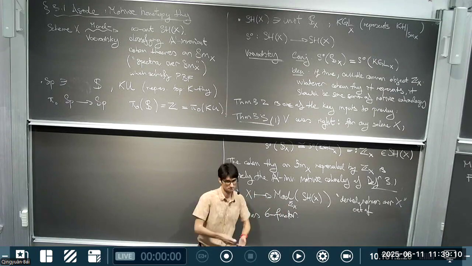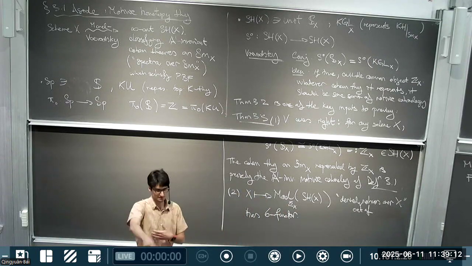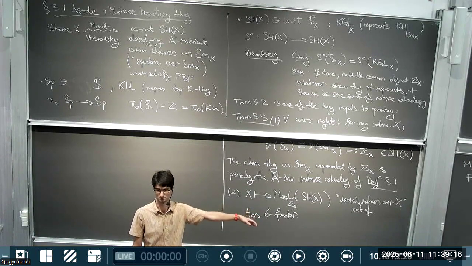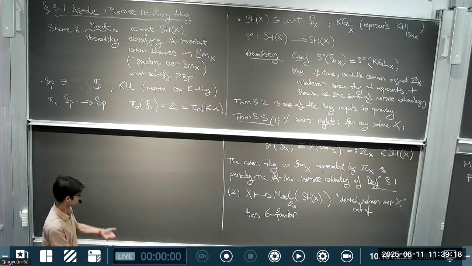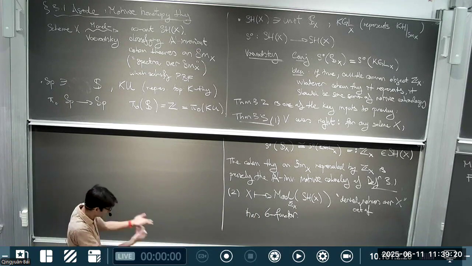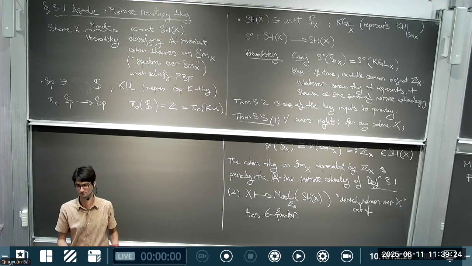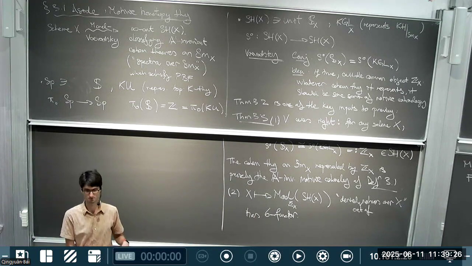And that again comes down to controlling functoriality in SH, which is precisely the projective bundle formula from the previous talk. So you get some candidate category of motives with six functors formalism as a consequence of the projective bundle formula.